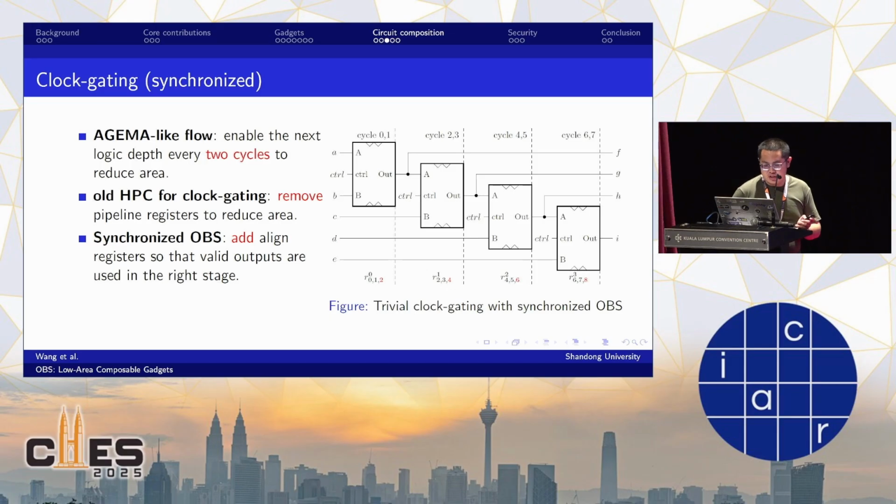Another challenge is clock gating constructions. We use the Agema-like flow to achieve this. But there is another question. The old HPCs for clock gating can remove some pipeline registers to reduce area.